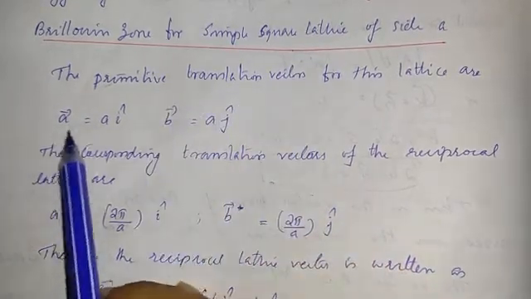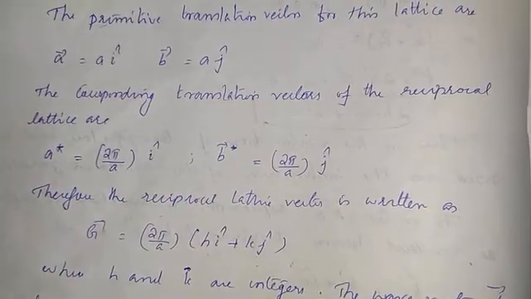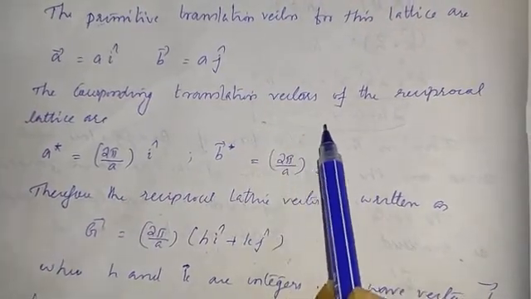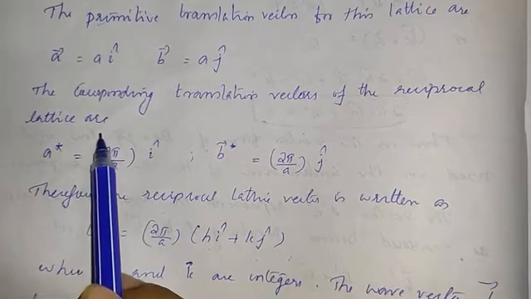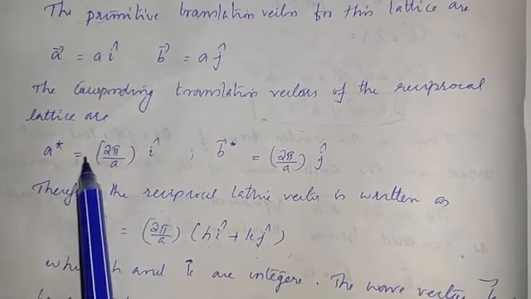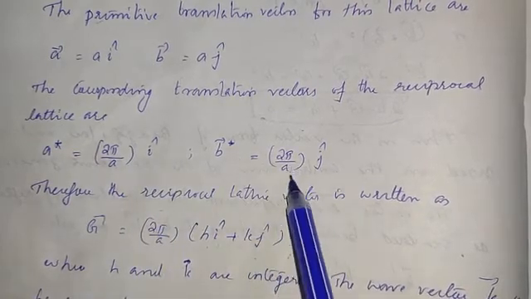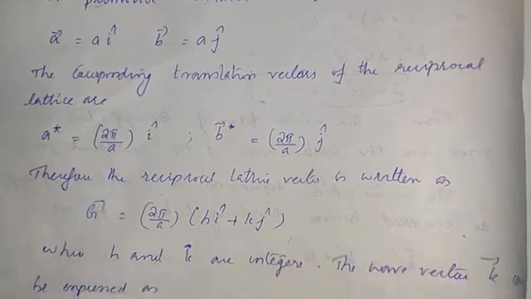So the primitive translation vectors are given by these vectors a and b, and the corresponding translation vectors of the reciprocal lattice, which we discussed in our previous class, are a star = 2 pi by a i cap and b star = 2 pi by a j cap.